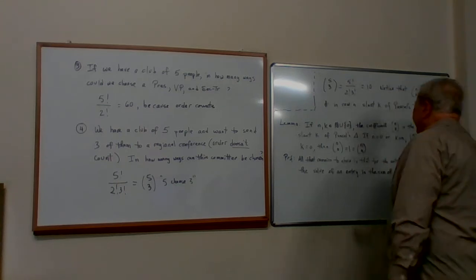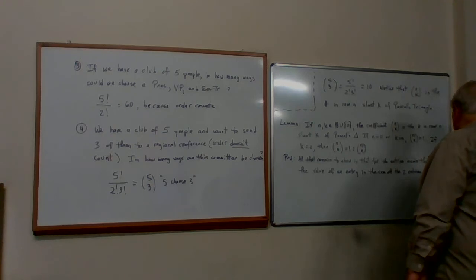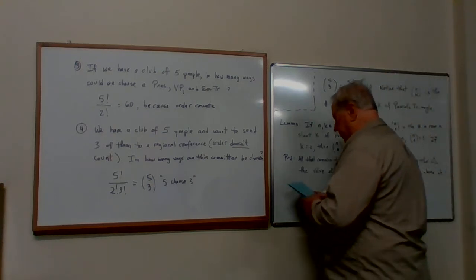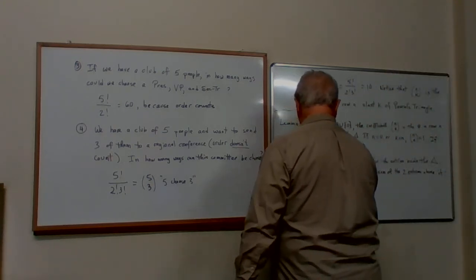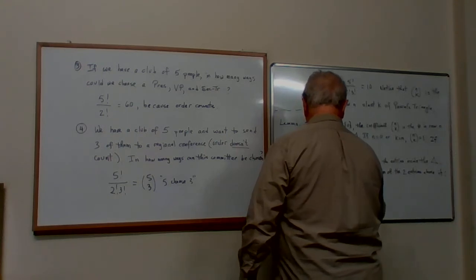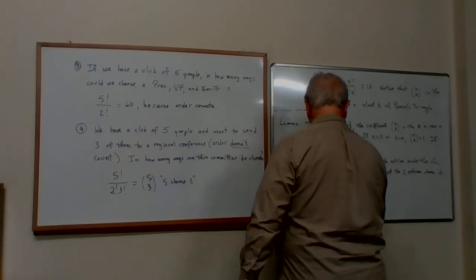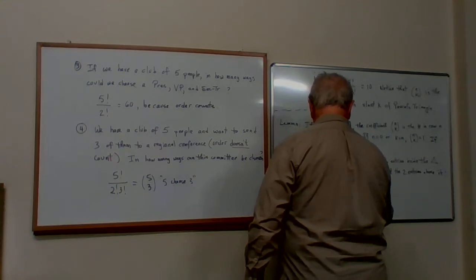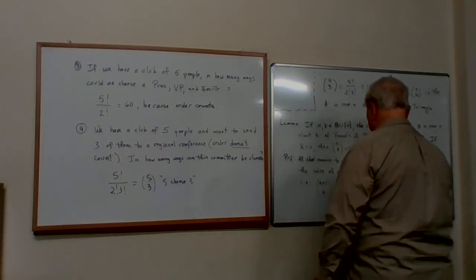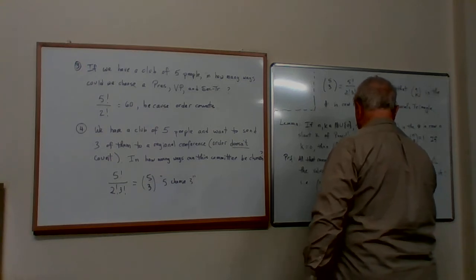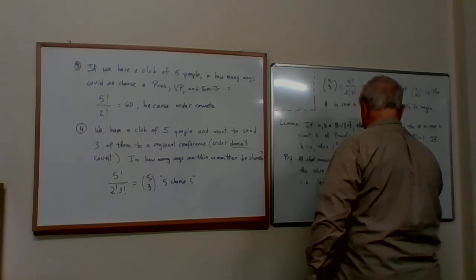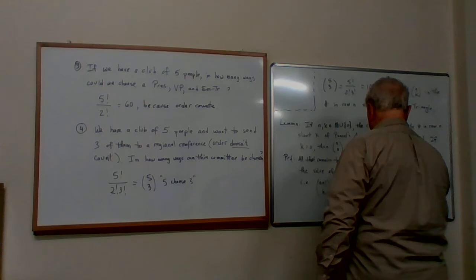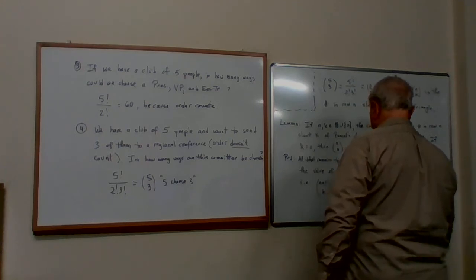Now, let's make that algebraic. In other words, n plus 1 choose k is equal to n choose k minus 1 plus n choose k.